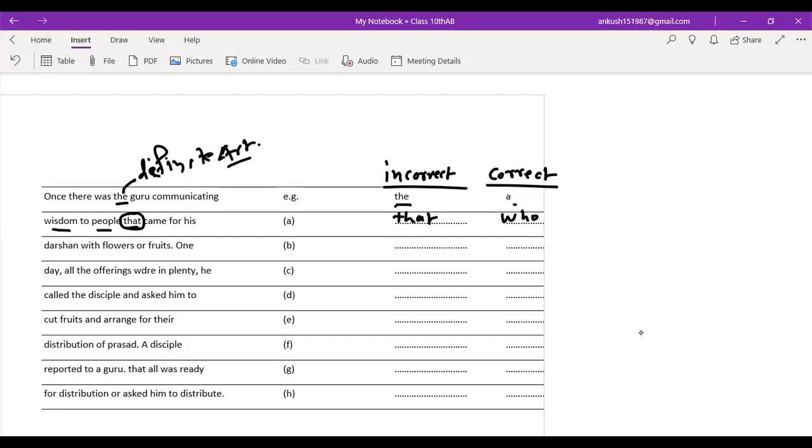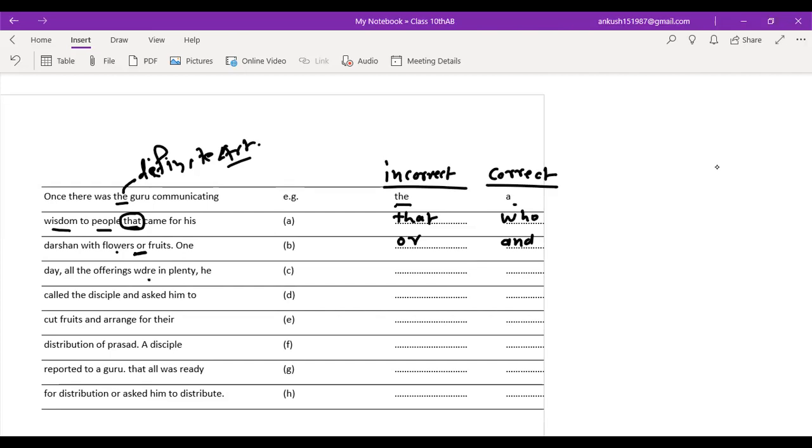So wisdom to people who came for his darshan with flowers or fruits. What is wrong over here? Or. There must be and, because two things are brought to him. To whom? To the guru.